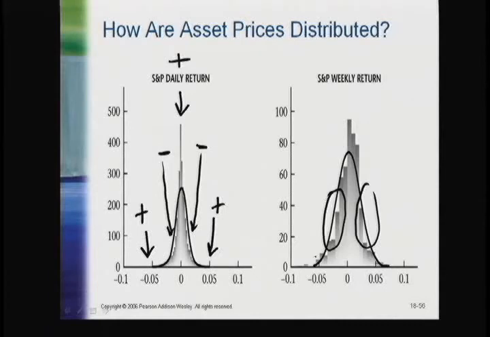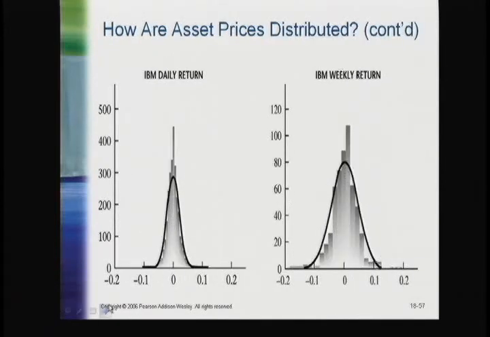Fat tails is the common terminology one finds in the financial markets: financial data tends to have fat tails. Probabilities of extreme events are higher than the normal allows, but you also always have these peaks in the real-world data, namely that the probabilities of very small moves tend to be greater than the normal allows. And you'll see the same profile in this data for IBM.